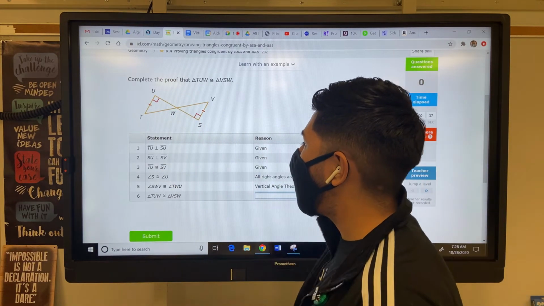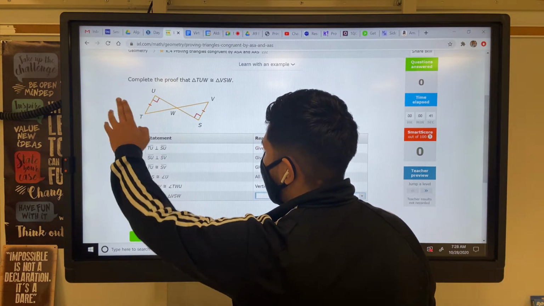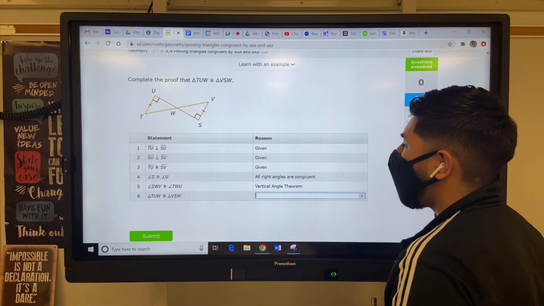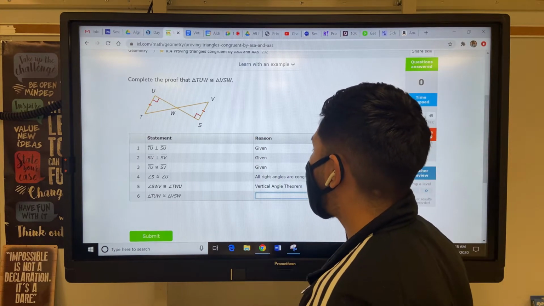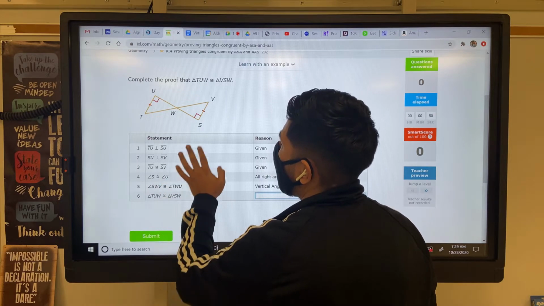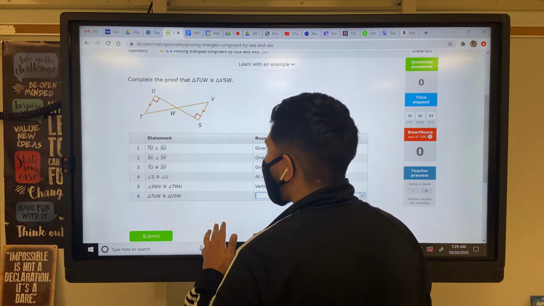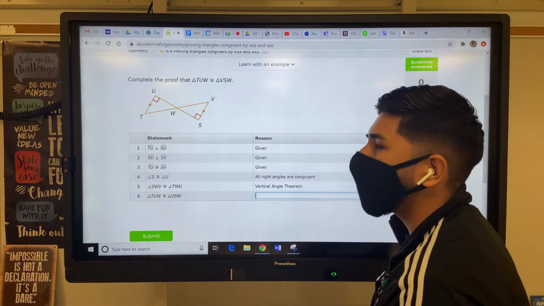Angle S and angle U are congruent because, of course, they're perpendicular, so those are right angles. And then right here, angle SWV is congruent to TWV because of the vertical angle theorem.